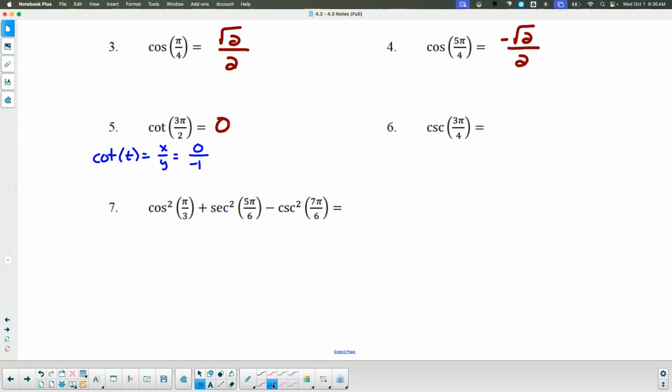Okay. Let me ask you this. Bonus question. We'll call it 5.5. What is the tangent at 3 pi over 2 then?